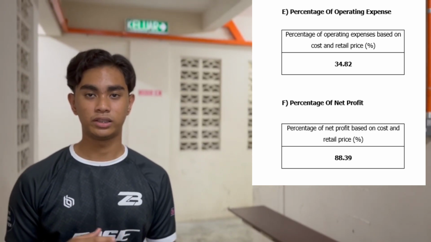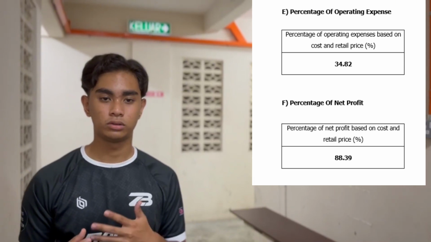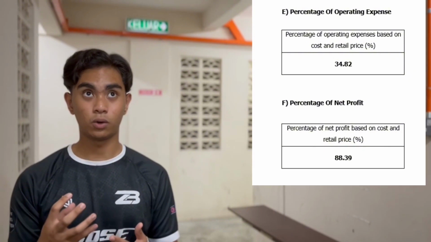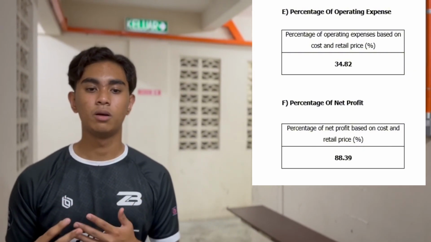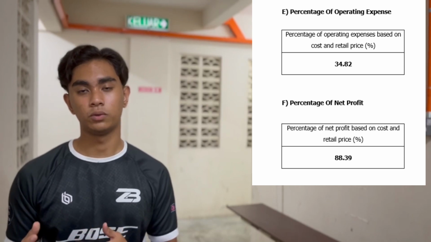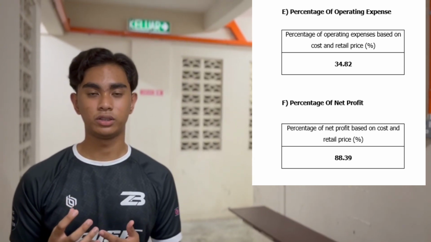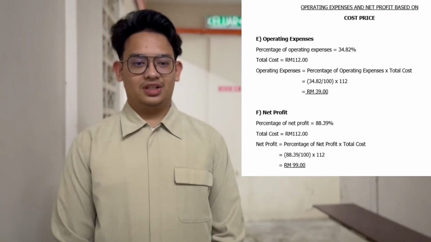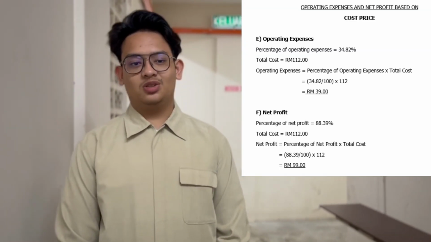Then secondly, I will tell you guys how we get our percentage of net profit based on cost and retail price. For that we get 88.39%. So my part is operating expenses and net profit based on cost price.